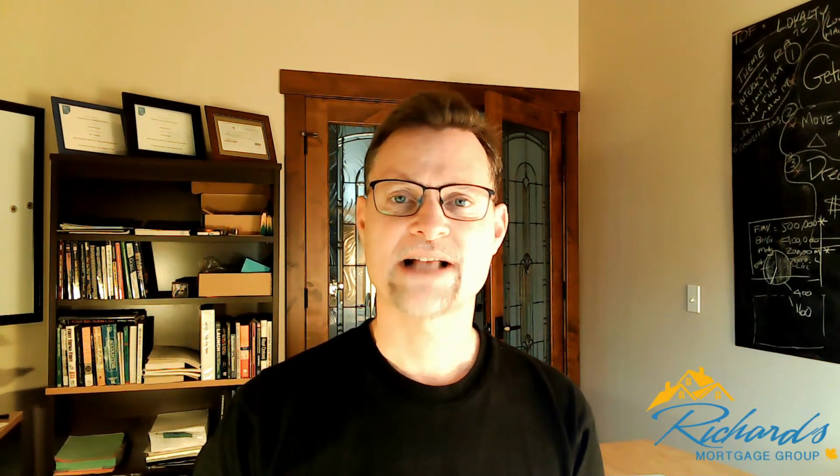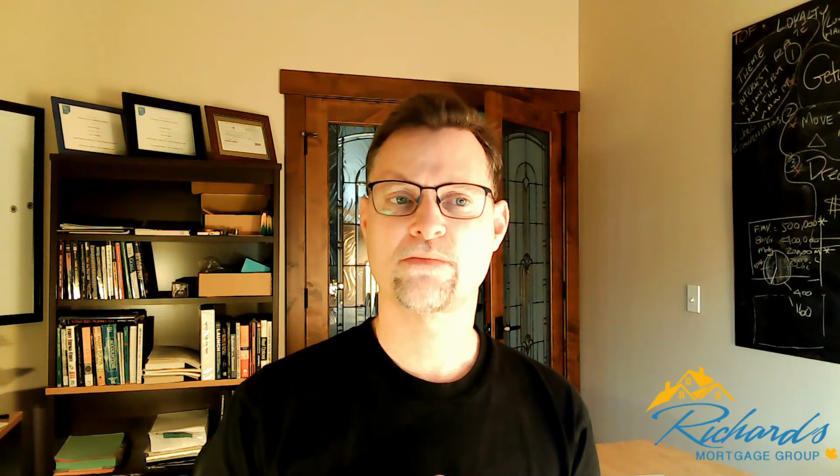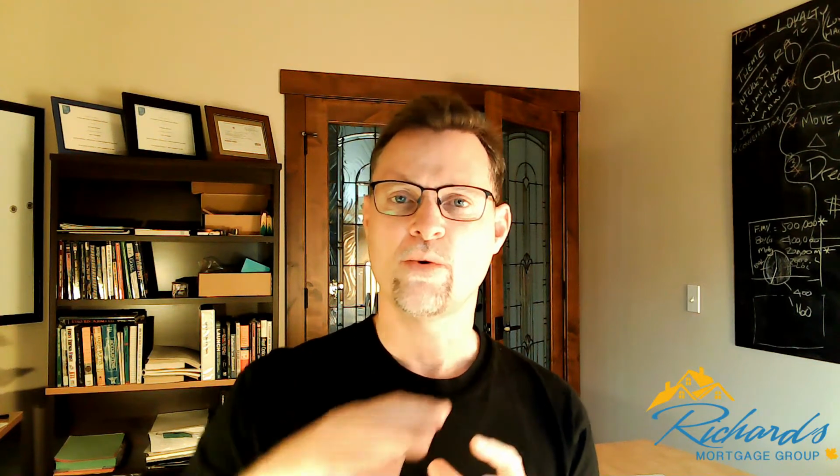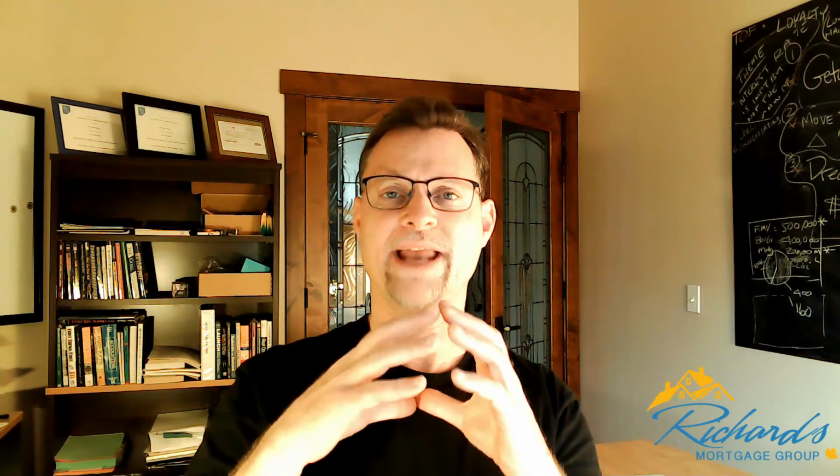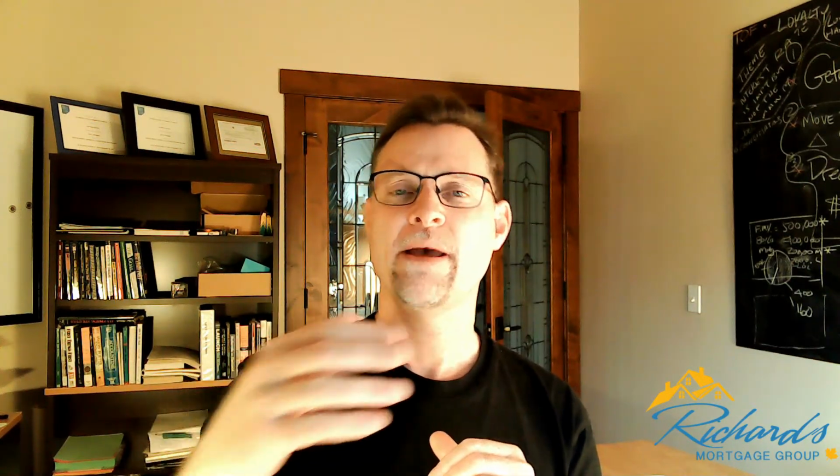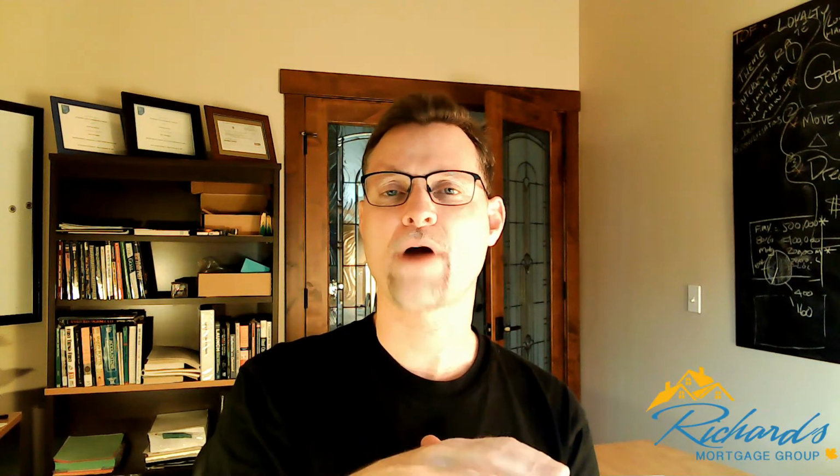So what is a re-advanceable mortgage? It's a special mortgage that you put on a property that you already own, where you can be pre-approved to what's called a global lending limit, which is the most debt that you can carry based on the equity within your home property.